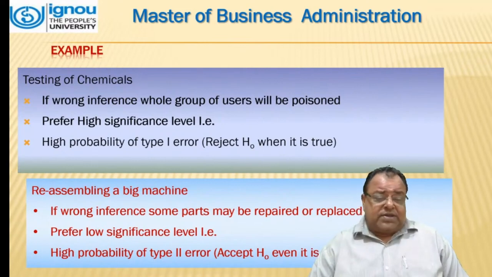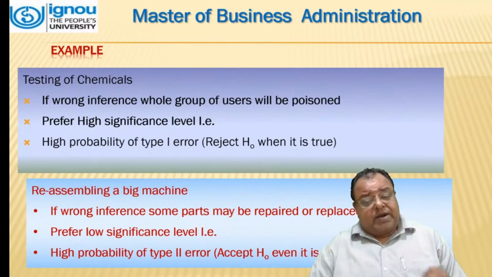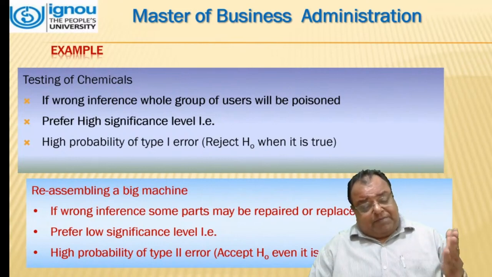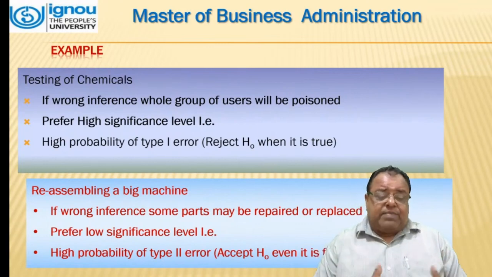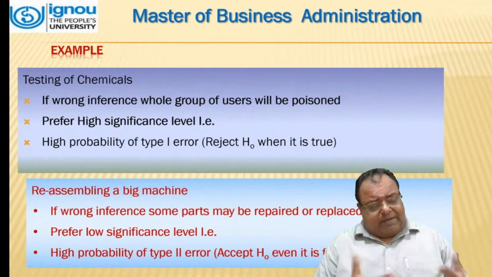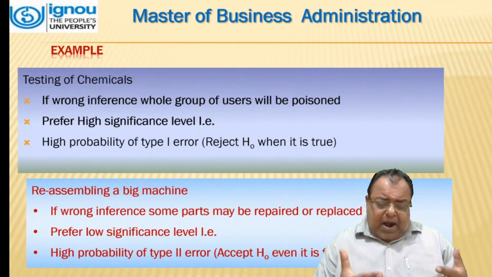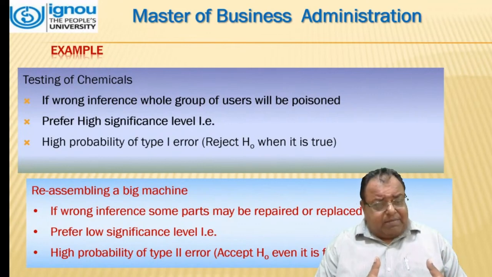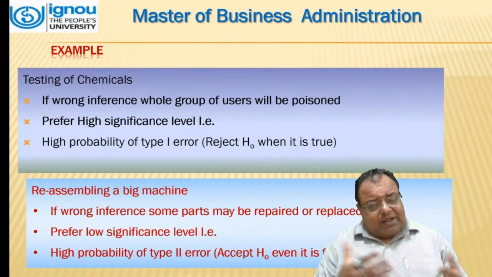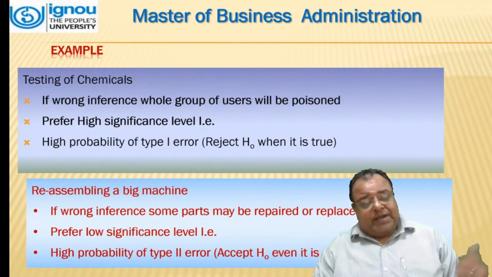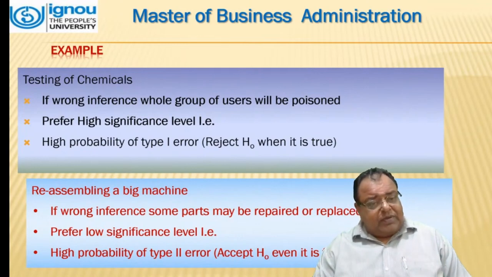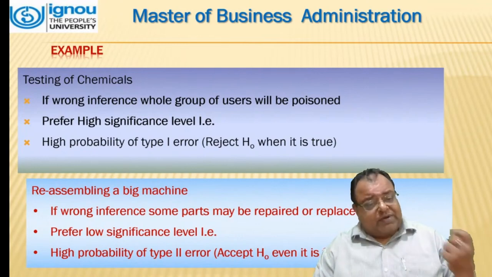If wrong inferences, some parts may be repaired or replaced. We prefer low significance level because there is a high probability of type 2 error. That means a part has to be replaced, but due to some reason, we avoid it and we don't do it. And we have to later pay the price of the decision that we have not actually taken.